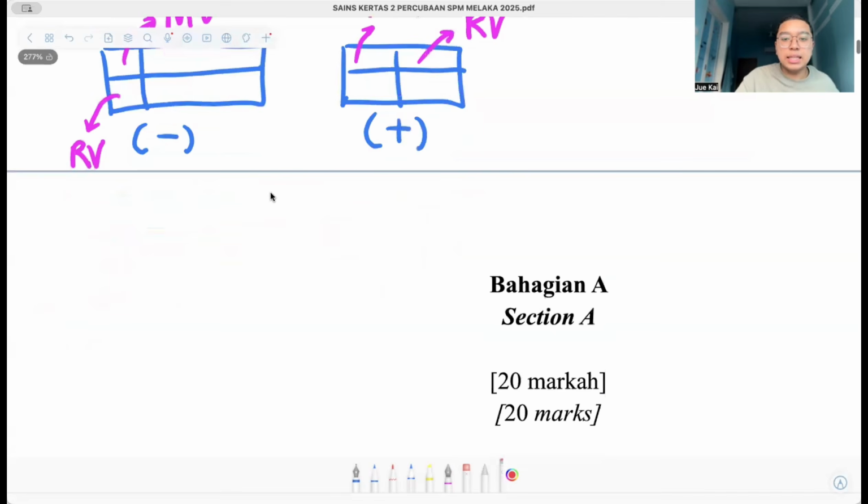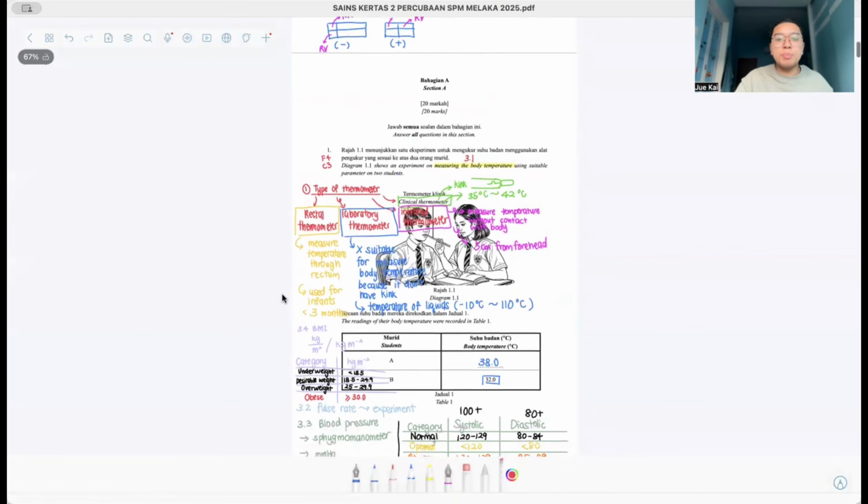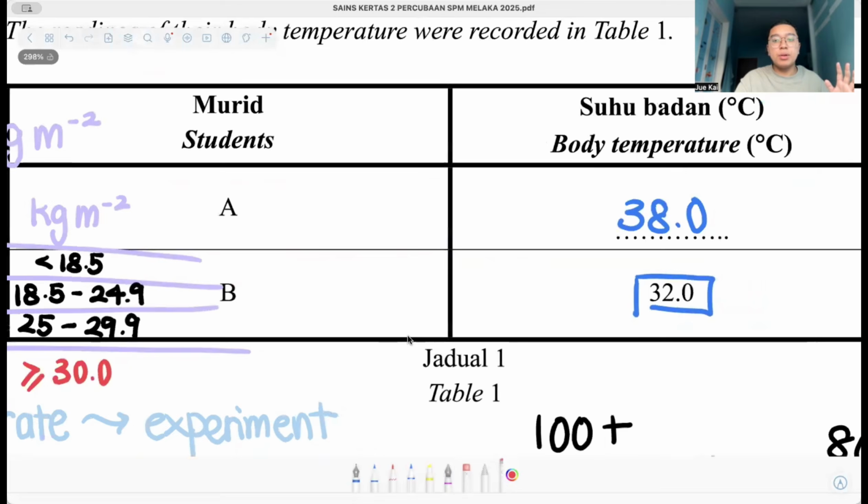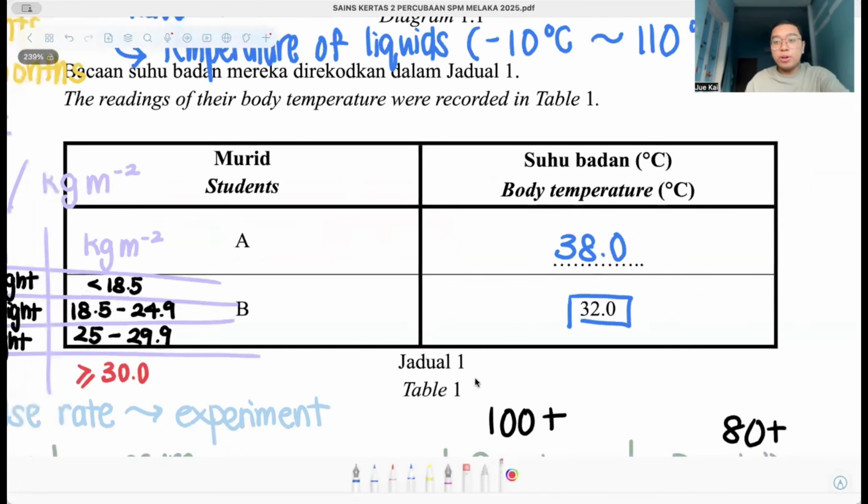So let's see the table. Since the question provides you a table, congratulations. For this one, you can obviously see that this is plus method because the table looks equal. So obviously this will be your MV, this will be your RV. Done. That's all. Clear? Wow, I sound like I'm rapping, you know.